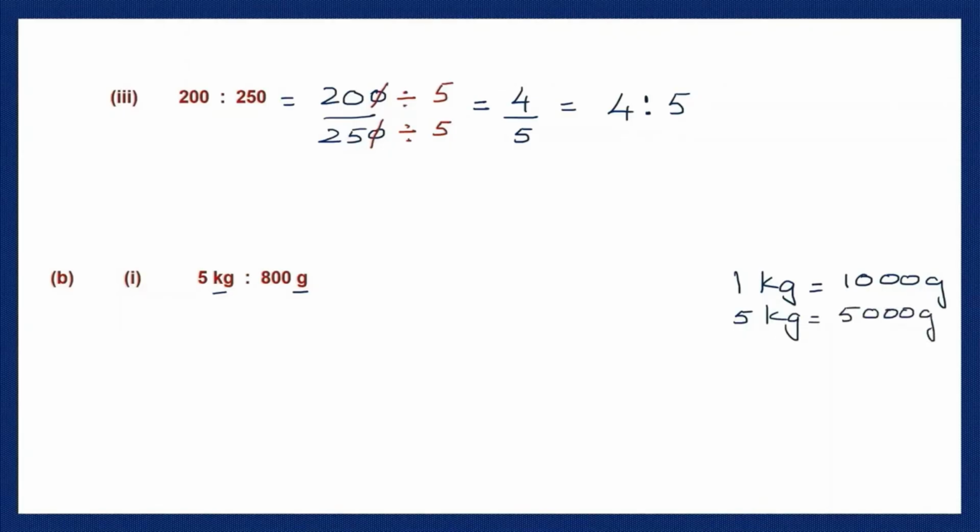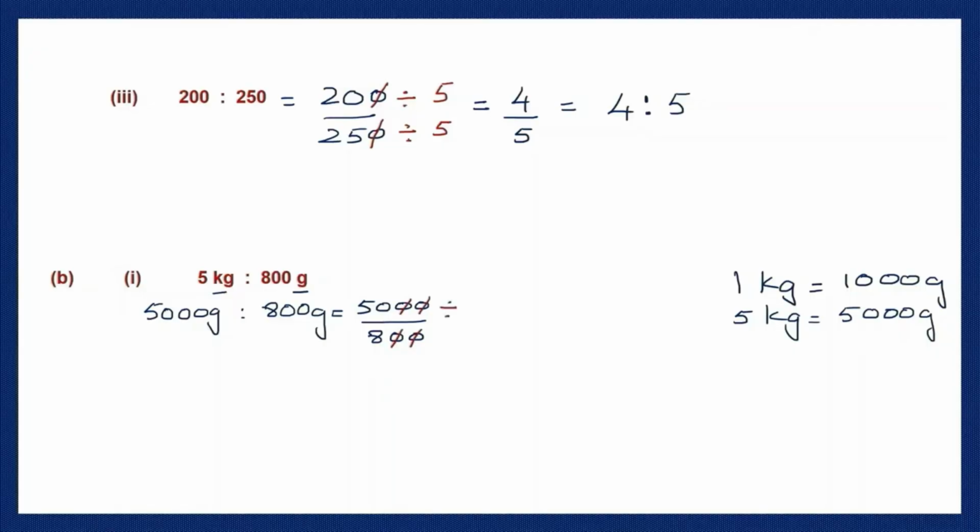So let's write it here. So our ratio is 5000 gram is to 800 gram. So now let's continue and write the steps. So here first step will be writing both these numbers as a fraction. So 5000 by 800. Now let's cancel what we can. 1 0 on top, 1 0 down. So now our numbers are 50/8.